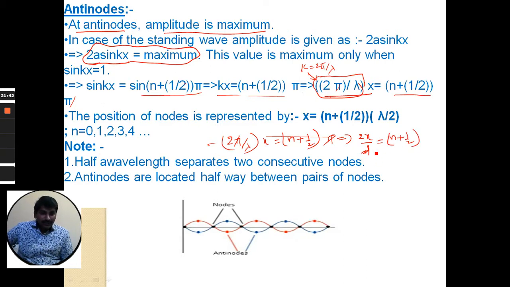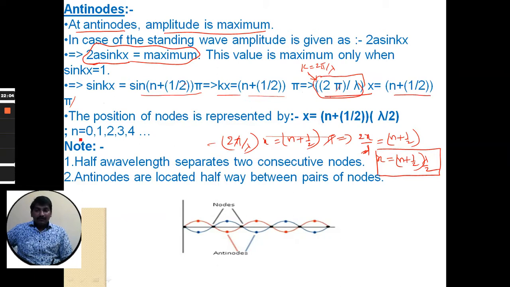Right? What did I do here? Simply to find the position x, I sent 2 by lambda to that side. So it becomes x equal to (n plus 1/2) into lambda by 2. This is the position of the antinode in the stationary wave.